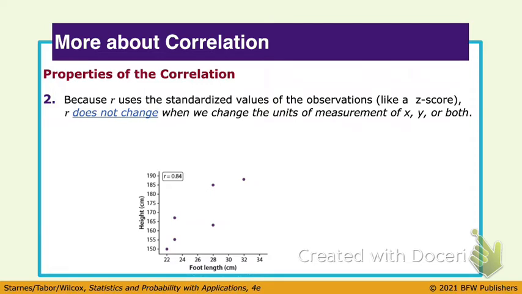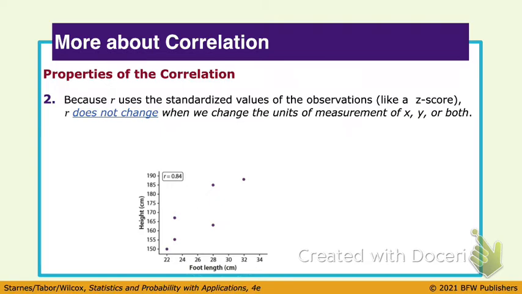Because R uses the standardized value of the observations, so these z-scores, that means that R does not change when we change units of measurement. So if I change units, R is not going to change. For example, this graph is in centimeters for foot length.